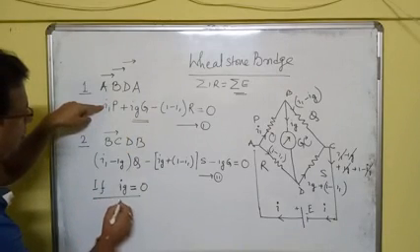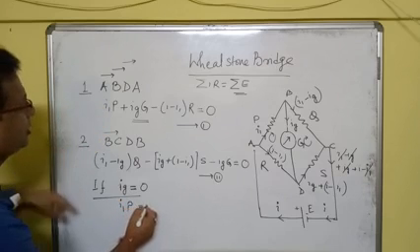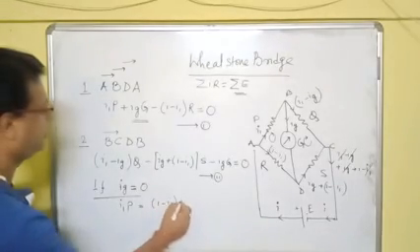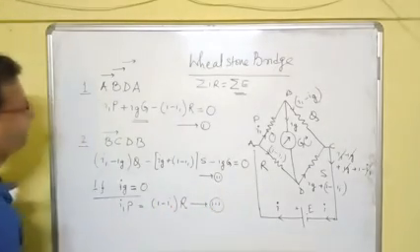We get I1 P is equal to (I minus I1) into R. That is equation number 3.